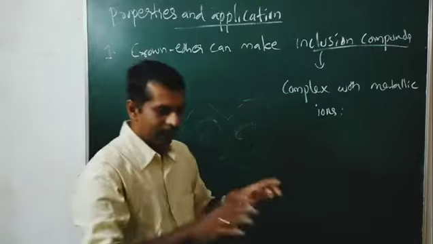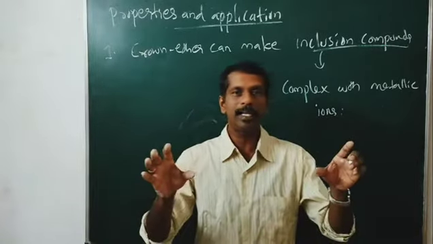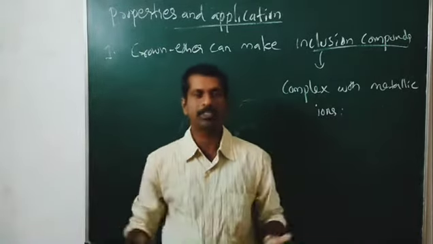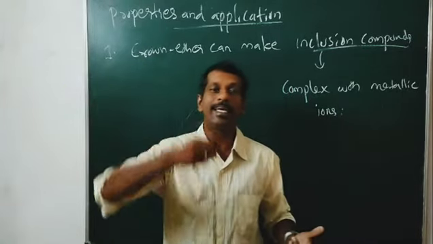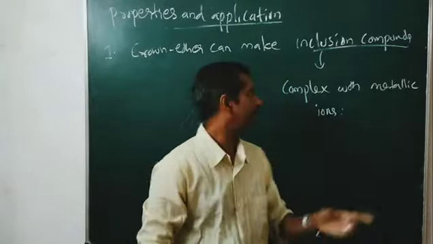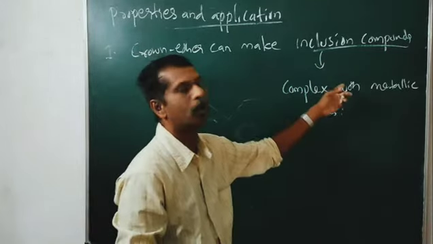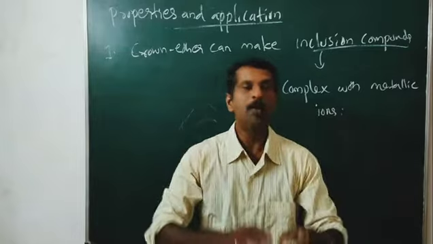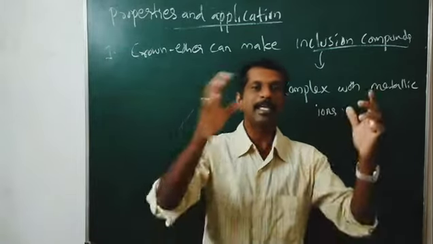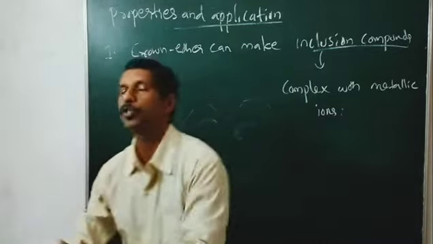Okay, and that means the crown ether is acting as the host and the cation is the guest. In such a way they can make an inclusion compound. Therefore this property can be used for the separation of cations in a mixture.